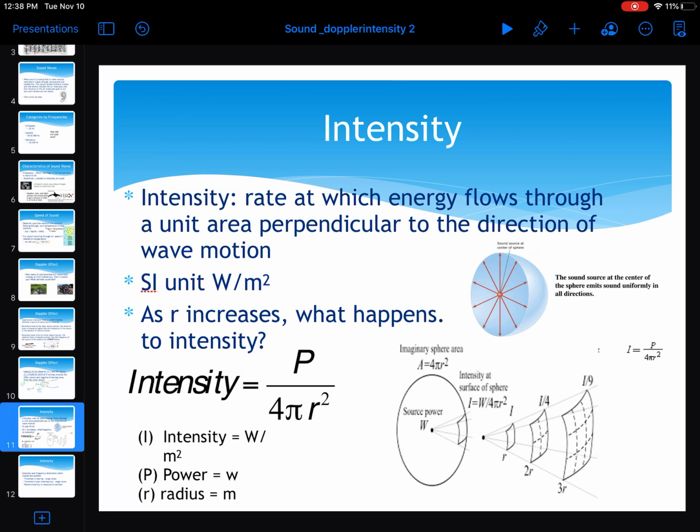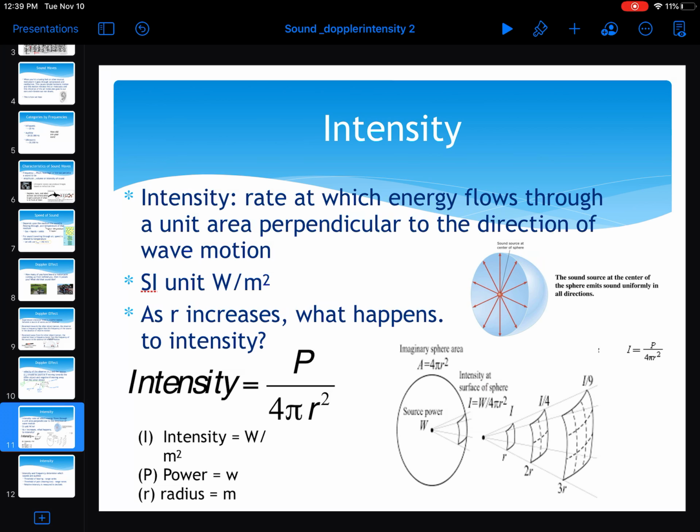So this first illustration is showing us that we have a sound source, and the sound is being spread in all directions, so it basically covers a spherical area. So the intensity is going to be the ratio of how powerful my sound is divided by the area of the sphere that it is traveling in.